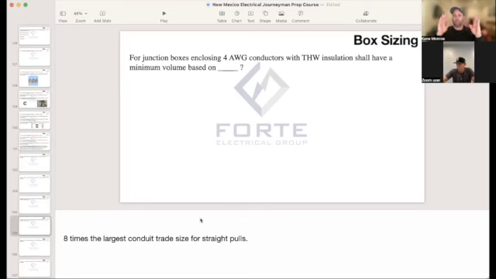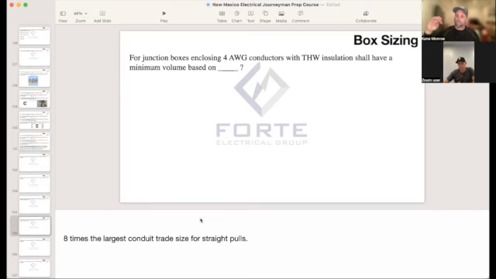And that'll get you your box size. It doesn't matter about your wire or any of that. Now, let's go back to our straight 8: a 2-inch on the right side, a 2-inch on the left side, and then 2 more 1-inchers coming in the right side and leaving on the left side. You just add it one time.